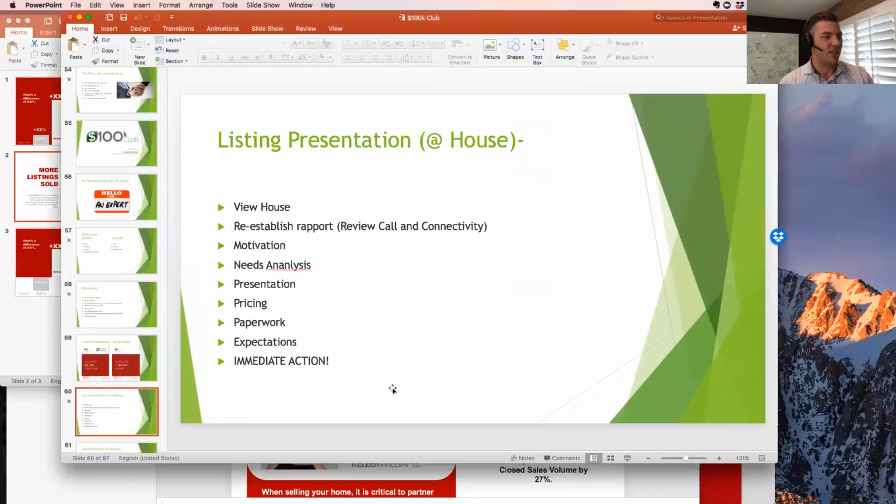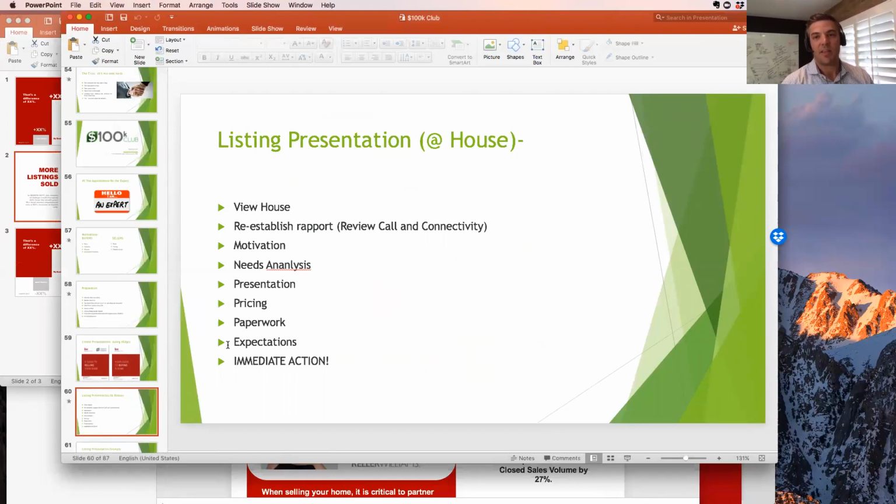Now, remember, if you go back to the bullet points that I was talking about in the listing presentation, one thing I really love is the immediate action. So one of the things that we do for a lot of our listings is we take with us specific flyers or handouts, so I can have that stack on the table with me, so that I can say, we've come prepared today. As we sign the paperwork and move forward, the timing of getting everyone aware of your house being on the market is critical.